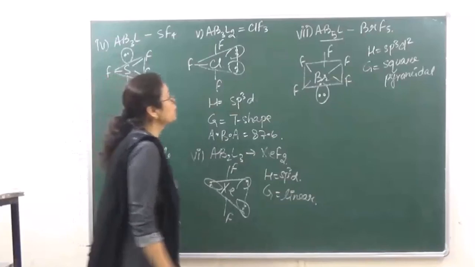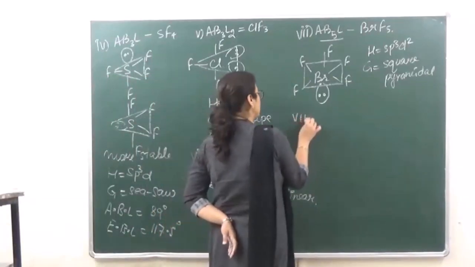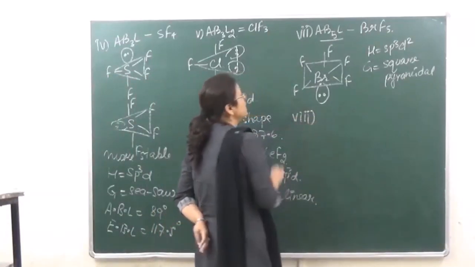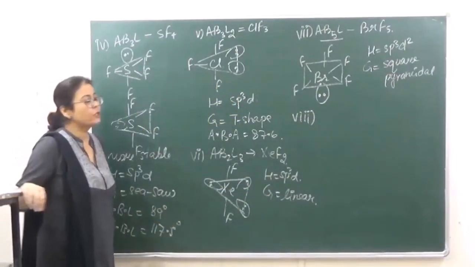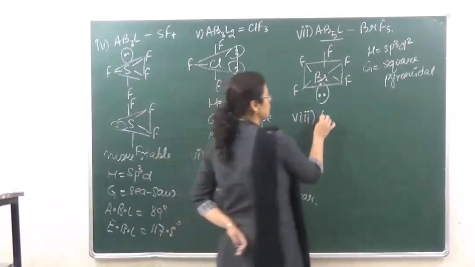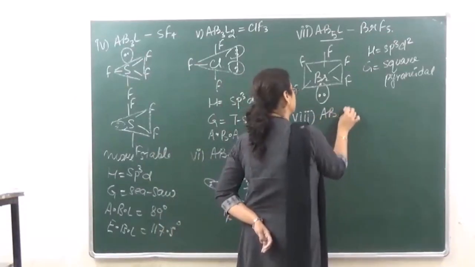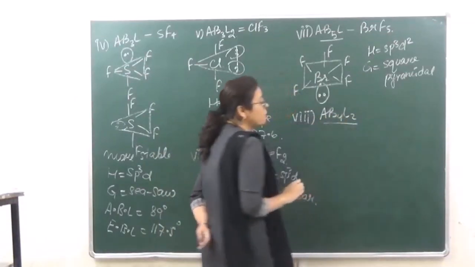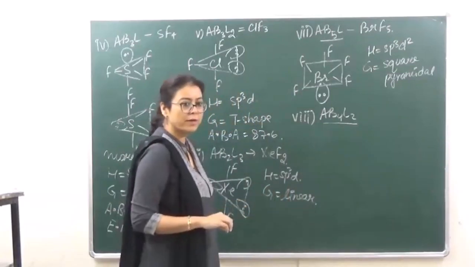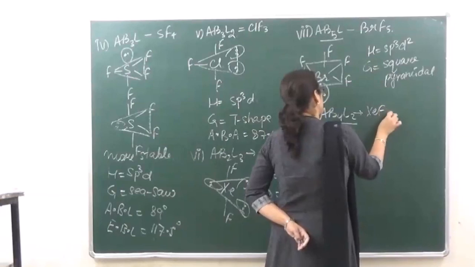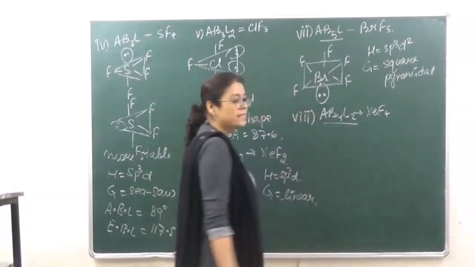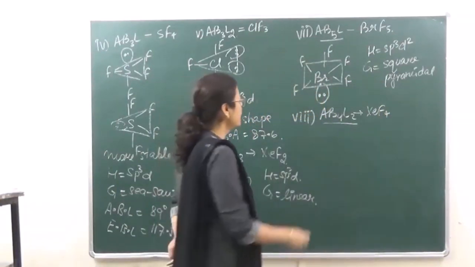The last which we are going to do is AB4L2. So there are 4 bond pairs and 2 lone pairs over here. The example is XeF4.